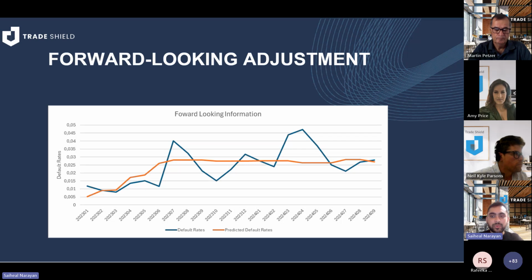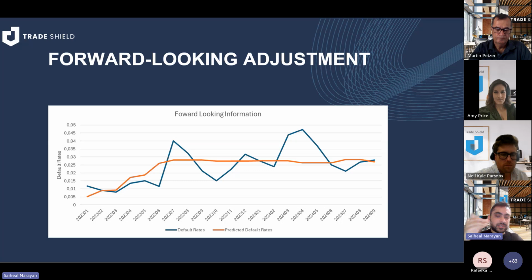You can see it gets the overall trend well. Your blue line is your actual default rates, and then your predicted default rates just based on economic factors alone. Obviously, we get closer to the line once we take into account your specific book and risk classification, but this is just economic factors on its own, and it seems to be catching the trend quite well.